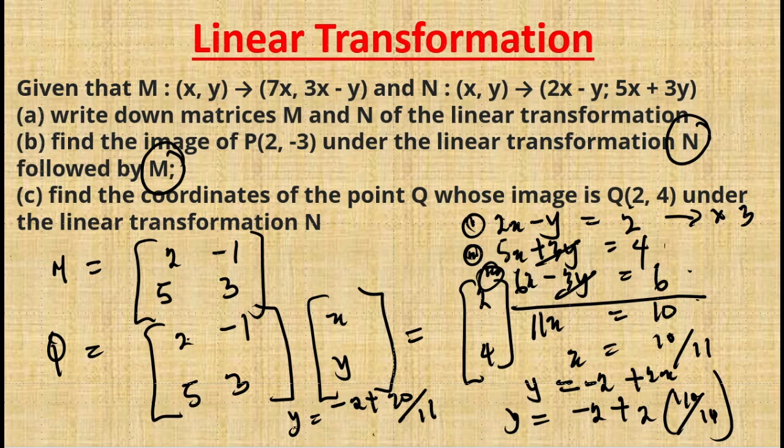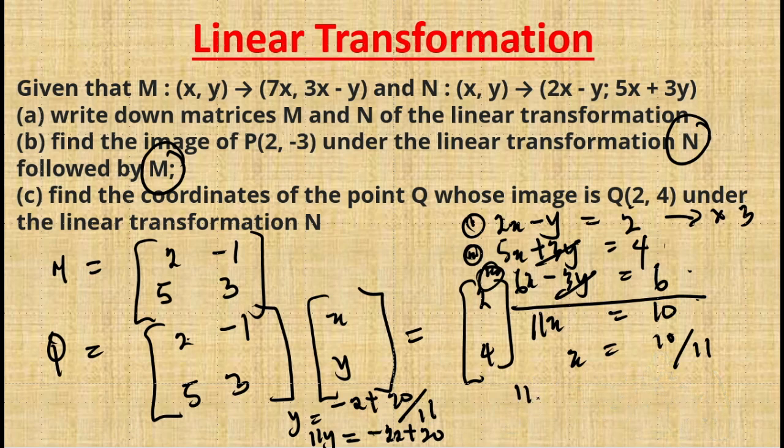I can multiply both sides by 11, so that I'll have 11y is equals to minus 22 plus 20. So 11y is the same thing as minus 2. Y invariably is minus 2 over 11. So x is equals to 10 over 11, and my y value is minus 2 over 11 for the coordinates.